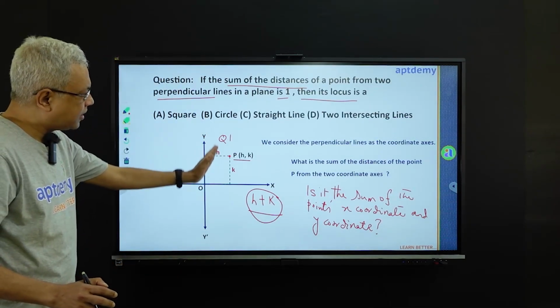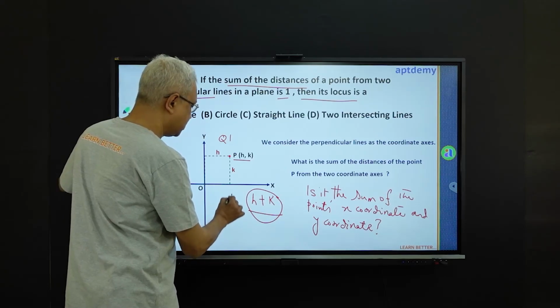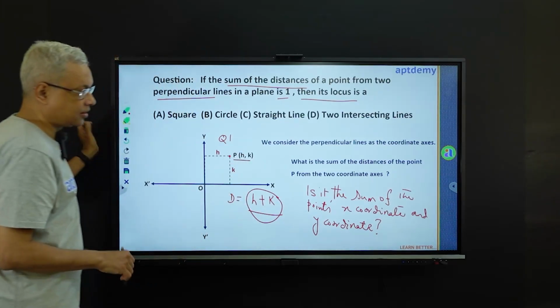If the point lies in the first quadrant, then definitely it is so. The distance d is h plus k.